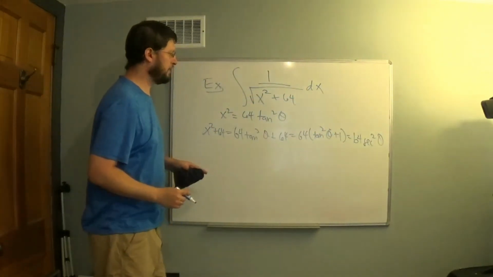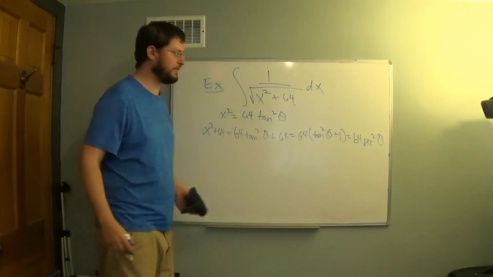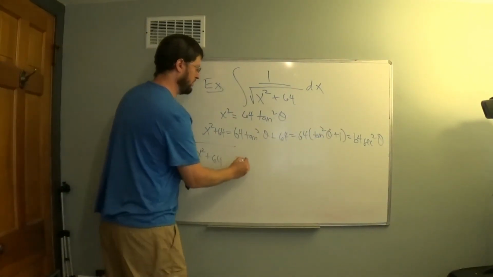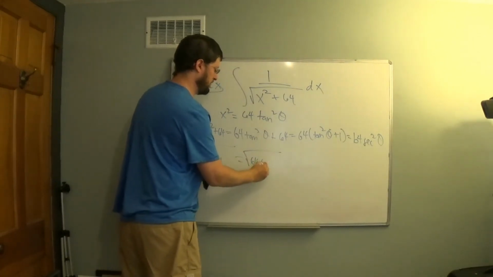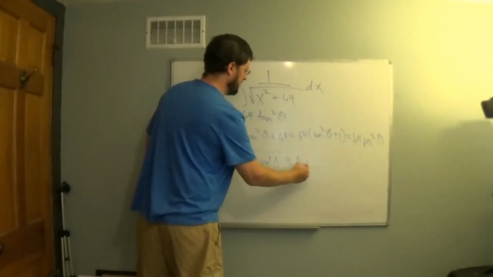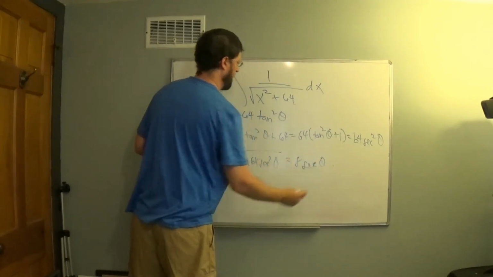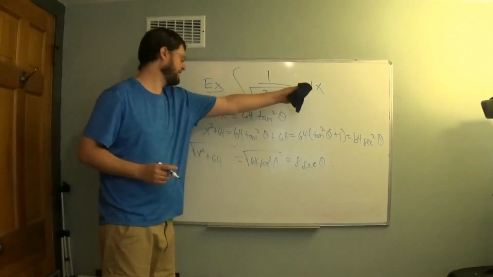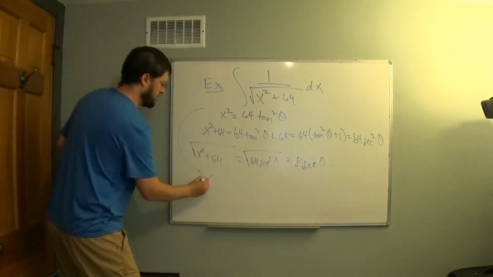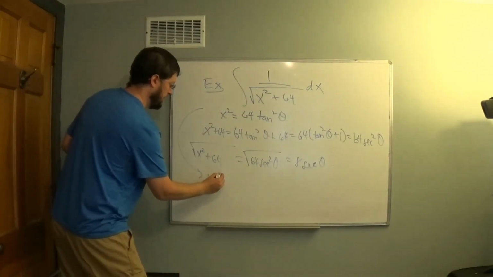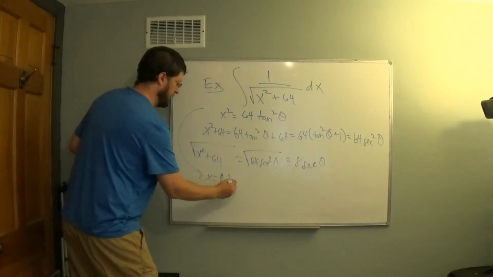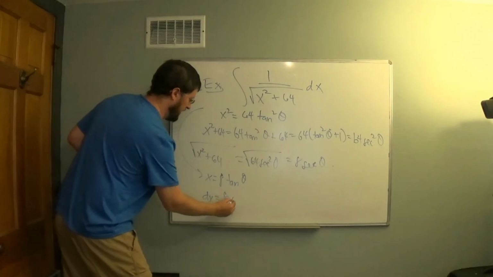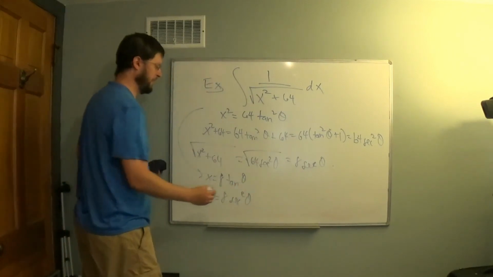So the denominator is the square root of 64 secant squared theta, which is 8 secant theta. We also need dx, which we'll get by first solving for x. X is 8 tan theta by taking the square root. So that dx is 8 secant squared theta d theta.